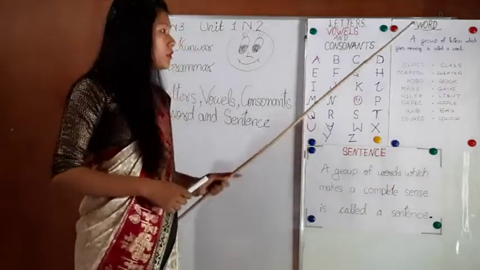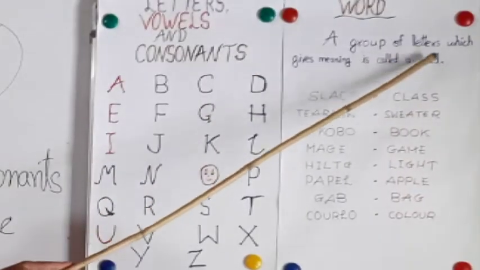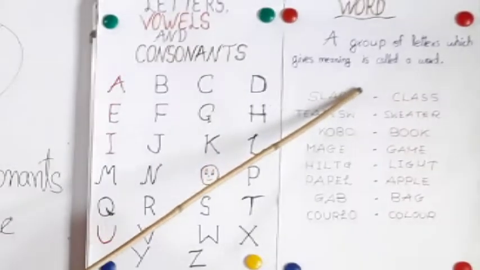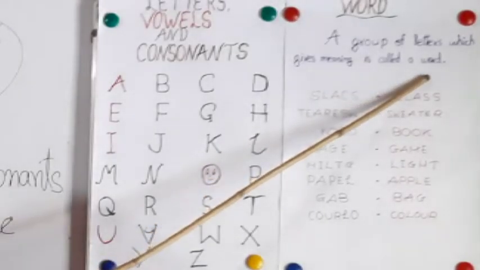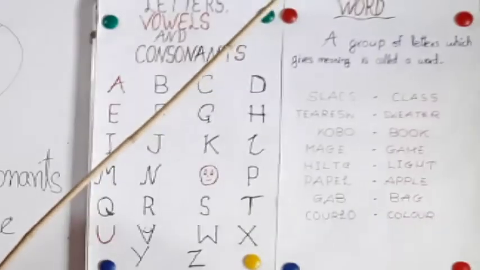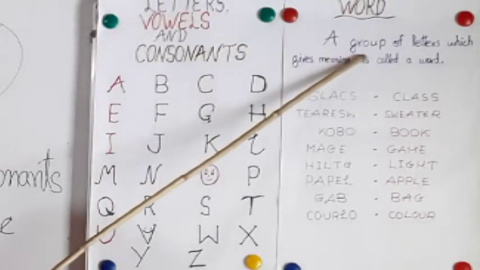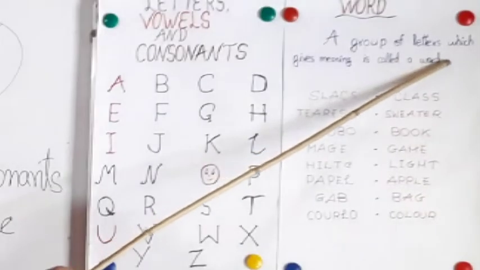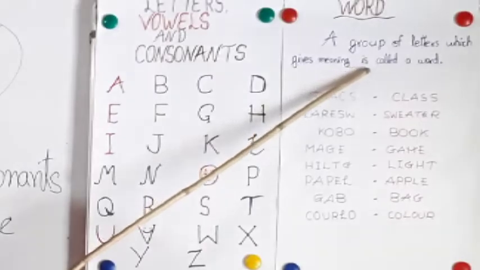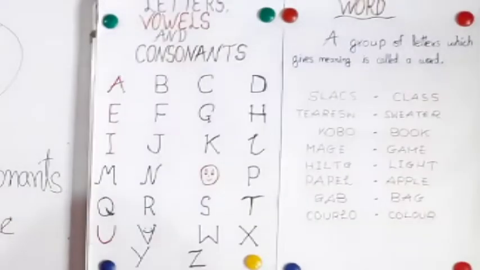A group of letters which gives complete meaning is called a word. Again, I repeat, a group of letters which gives complete meaning is called a word.